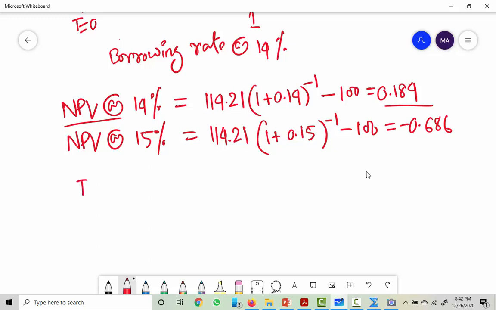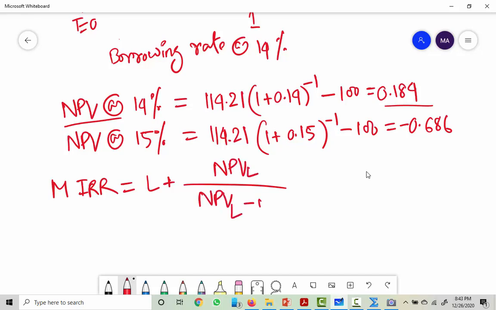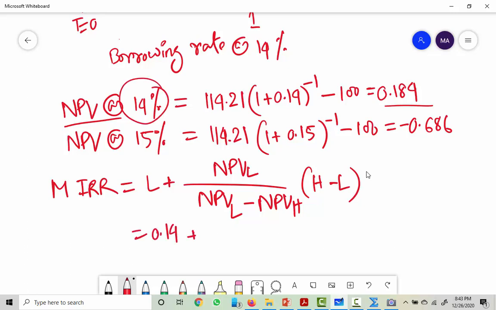So we can easily now calculate IRR, which will be called modified IRR, but we will use the normal formula. The formula is IRR = L + (NPV_L divided by NPV_L minus NPV_H) multiplied by (H minus L). Here the lower rate is obviously 14%.